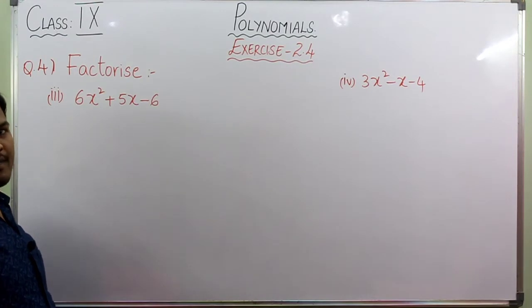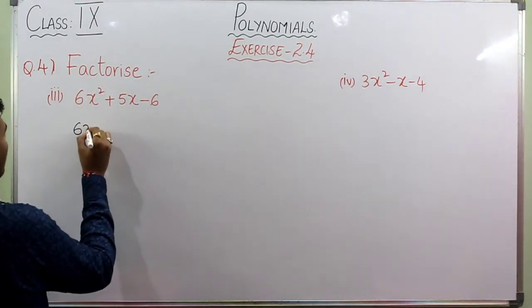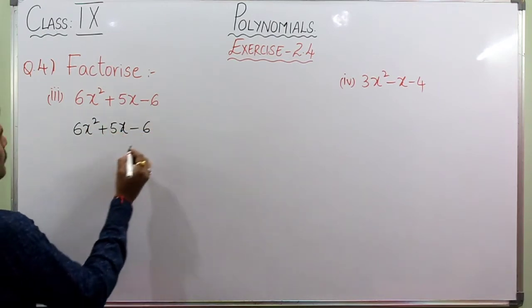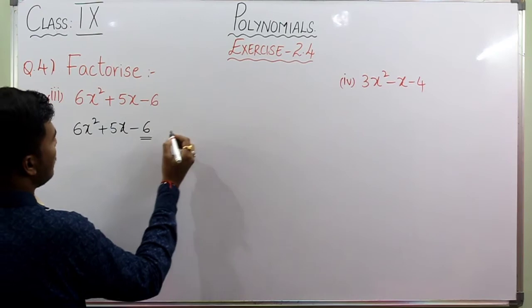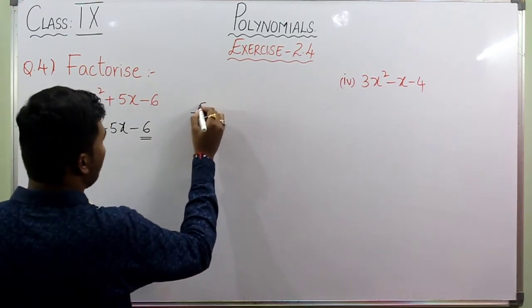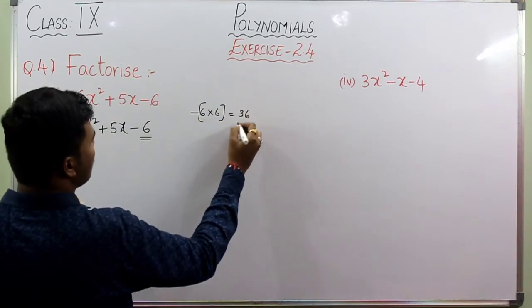Now the next one, factorize 6x square plus 5x minus 6. First, consider minus 6 and 6. Okay, leave the sign. 6 into 6 is equal to 36.